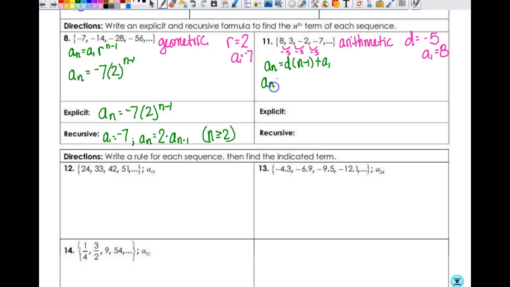So A sub n is equal to d, which is negative 5, times n minus 1 plus 8. So A sub n is equal to negative 5n plus 5 plus 8. So A sub n is equal to negative 5n plus 13. So that's what I get here.